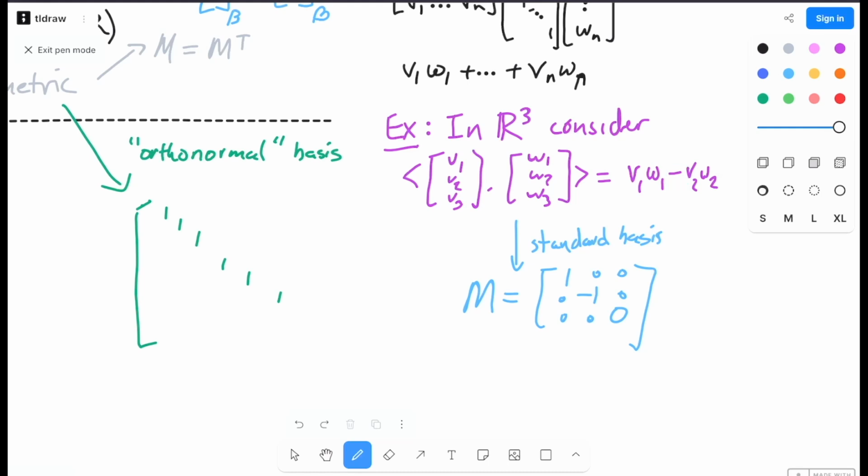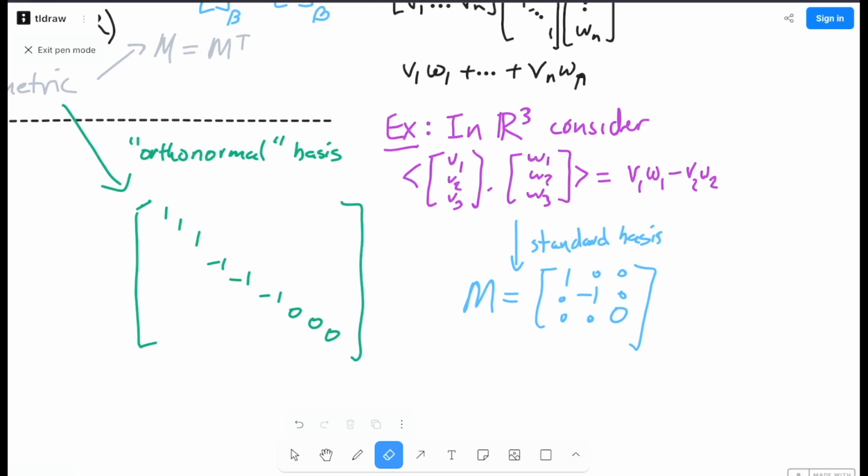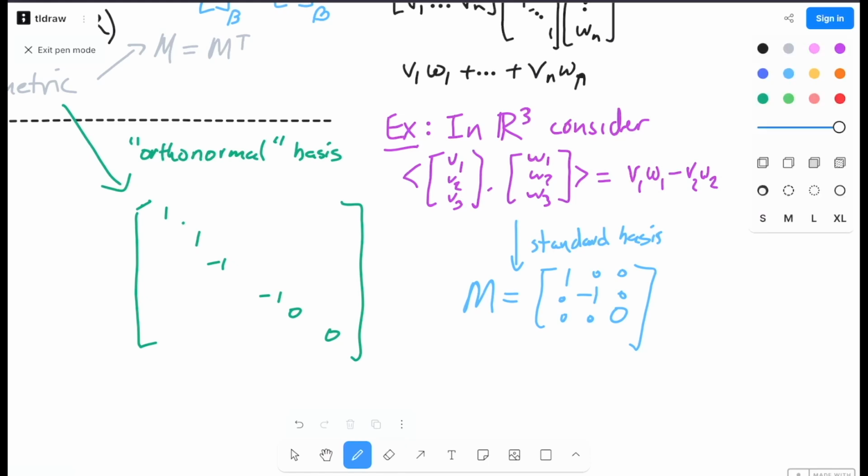But perhaps you could hope that you would get an identity for a little bit, and then maybe a negative identity for a little bit, and then maybe some zeros. I'm going to be slightly more agnostic about how long these pieces are.